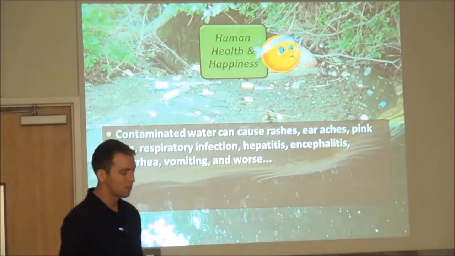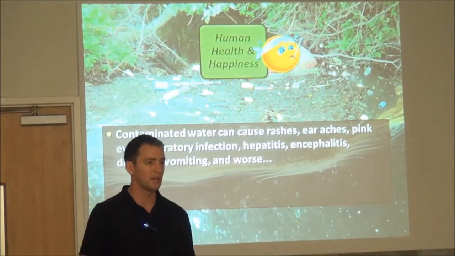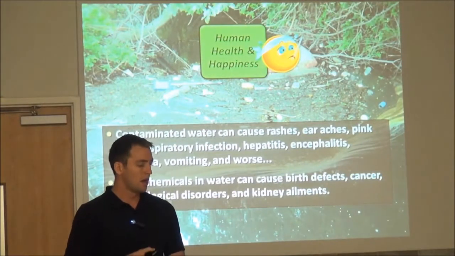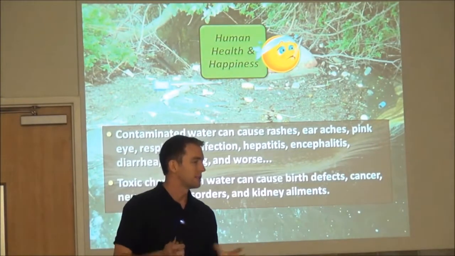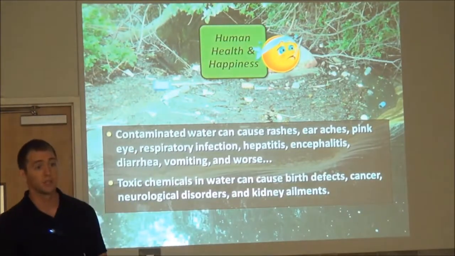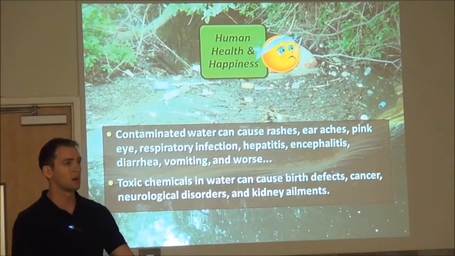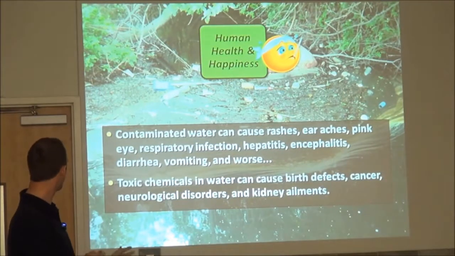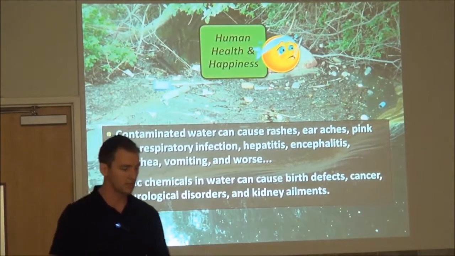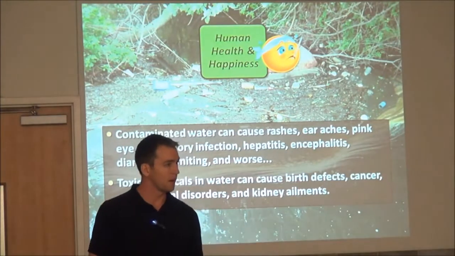Human health and happiness. We talked about bacteria being an indicator organism. Contaminated water is an indicator for the potential presence of pathogens, right? So that bacteria, viral pathogens, parasites can cause a whole host of ailments, and I'm not going to name all of these wonderful things listed here behind me, but you get the point.